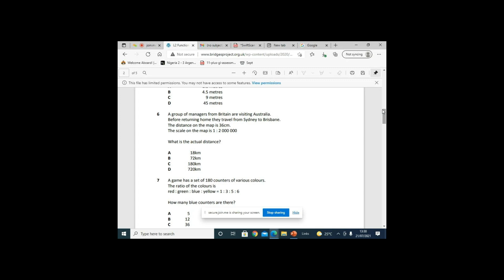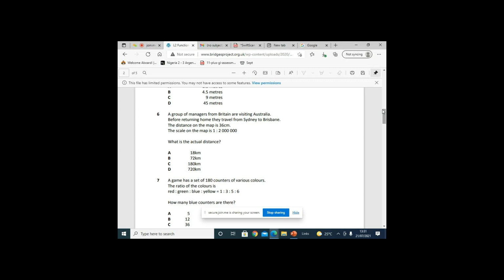So how did you do it? 1 centimeter is 2 million centimeters, and then to convert it to kilometers. And 36 centimeters multiplied by 2 kilometers is 72. Yeah. So okay, that one is one.